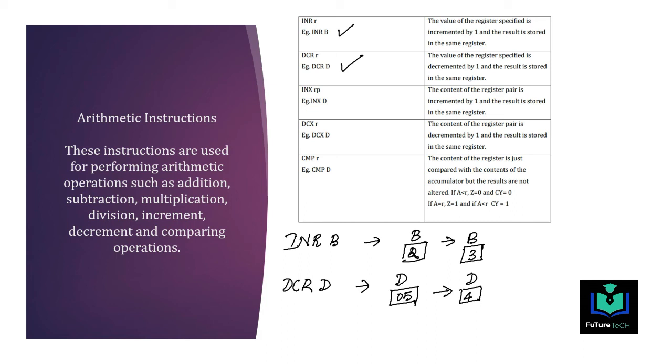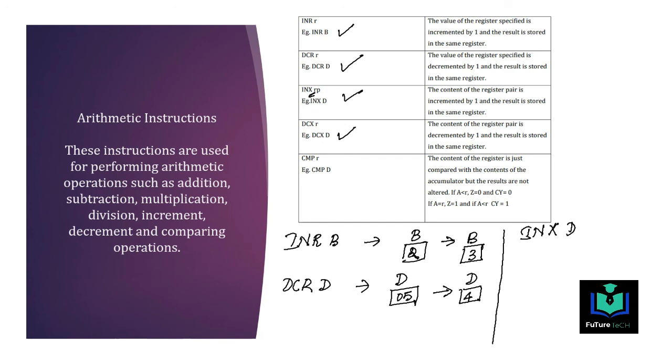This also applies to register pair increment and decrement operations. For the register pair increment or decrement operation, the instruction always carries X; X indicates the register pair. For example, INX D, where D means the register pair DE.